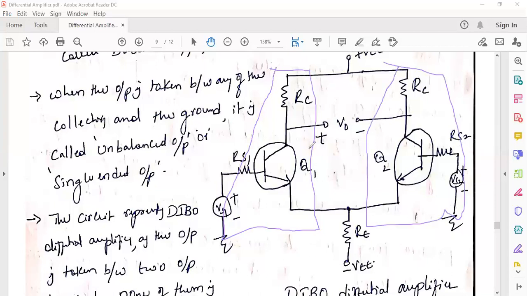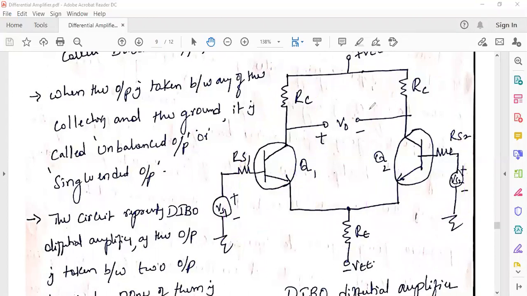These two circuits are used to develop a differential amplifier circuit. While connecting the emitter of Q1 with the emitter of Q2, the emitter resistance RE1 becomes parallel with the emitter resistance RE2. So the parallel resistance value I have replaced with the resistance RE. Is it clear? Right.